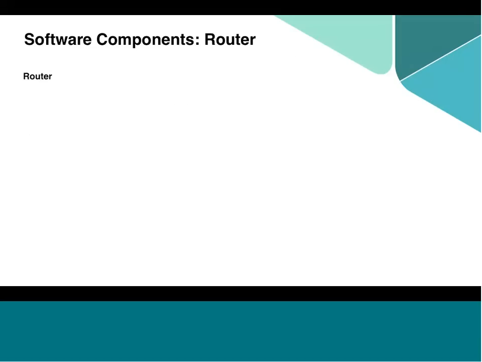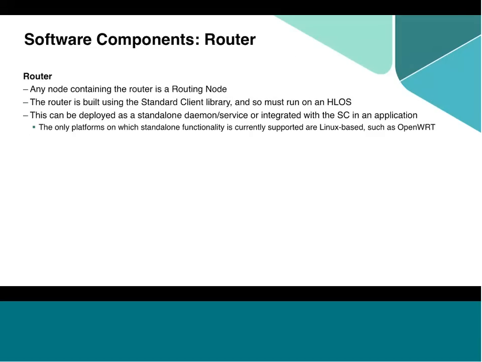And so looking at that a little bit more on the routing side, every application that takes advantage of AllJoyn on a high-level OS has two ways that it can be deployed. On a Linux environment, you can either have a single routing node running as a daemon process, or it can be part of an application that's downloaded. So if you had 5 AllJoyn applications on an Android device or an iOS device, there would actually be 5 routing node instances on that device, assuming that they're all running at the same time.